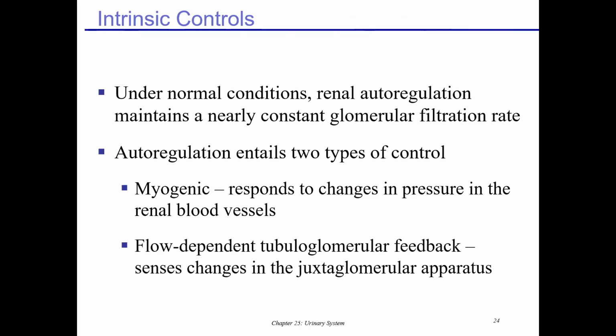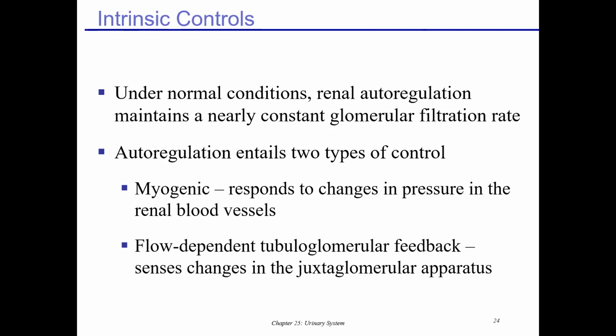We have what are known as myogenic controls, where we deal with changes in pressure in the afferent arteriole. And we have flow-dependent tubuloglomerular feedback, where we pick up changes in the juxtaglomerular apparatus.